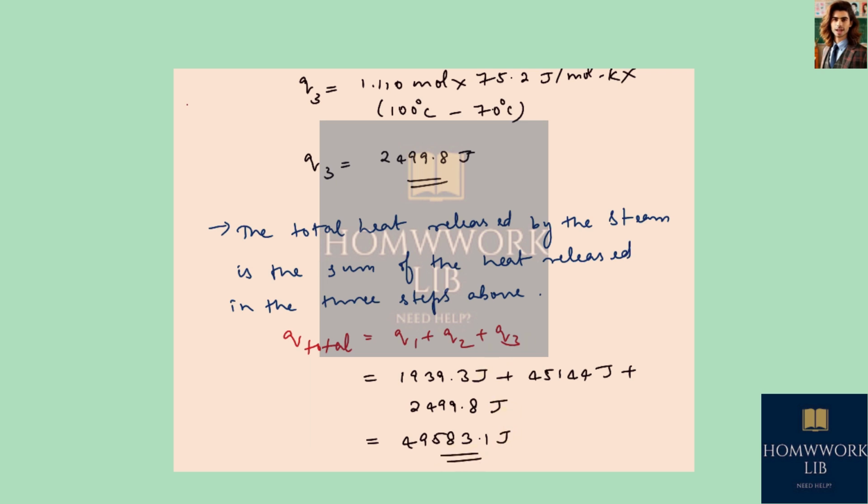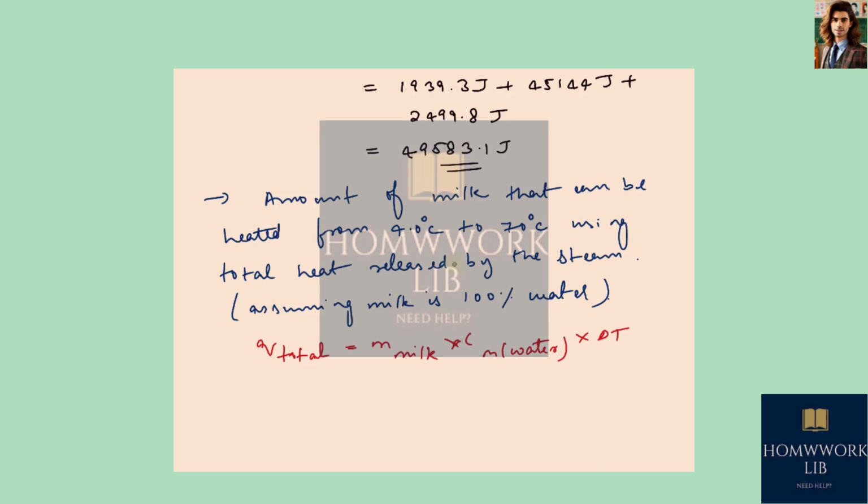Now we can calculate the mass of the milk. The amount of milk that can be heated from 4 degrees Celsius to 70 degrees Celsius using the total heat released by the steam. Here we'll use the specific heat capacity Cm water for the calculation, assuming that milk is 100% water. So we have the formula Q total equals m milk into Cm water into delta T. We need the mass of milk.